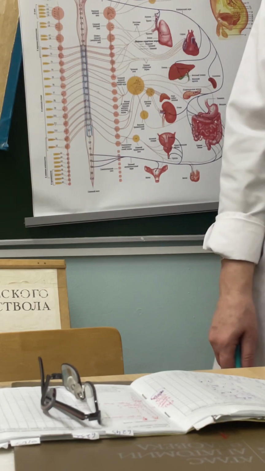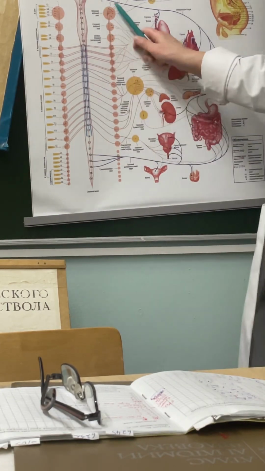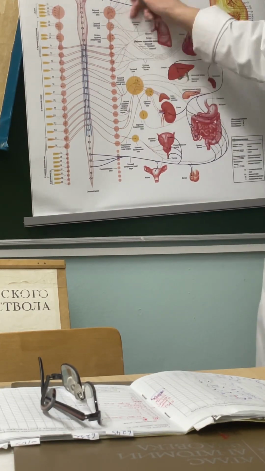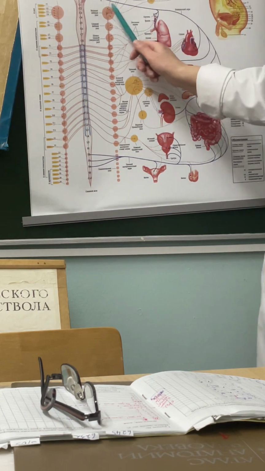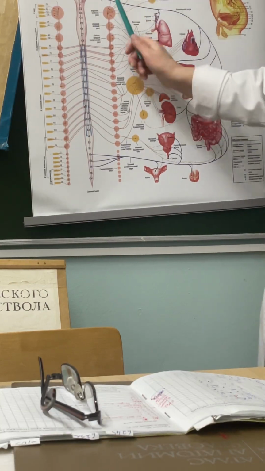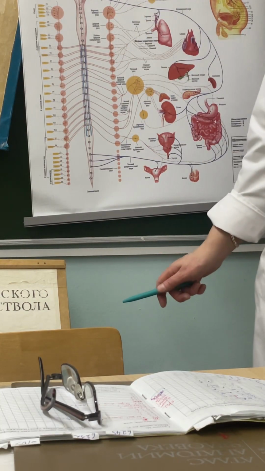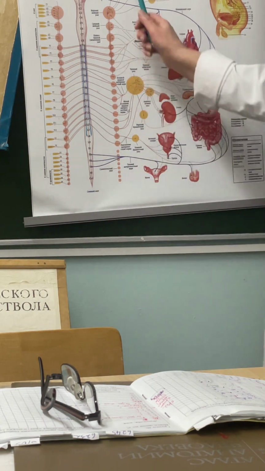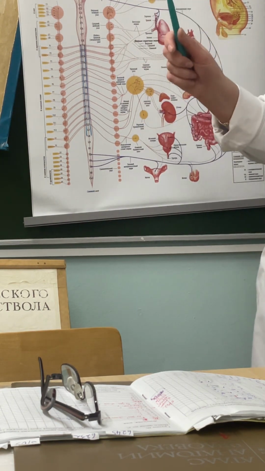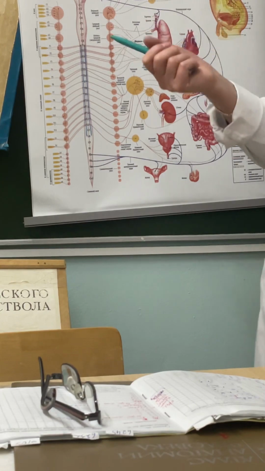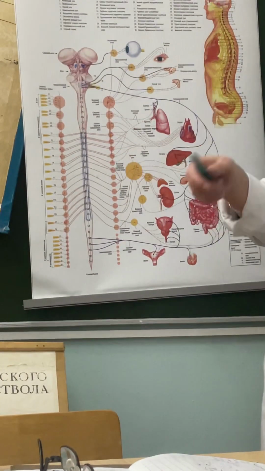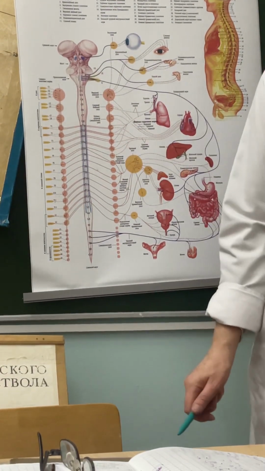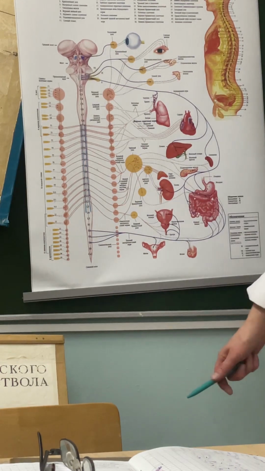Why are they so important? Because they are needed for innervation of the organs located in the head. They innervate not only the walls of these arteries and their branches, but also organs in the head.